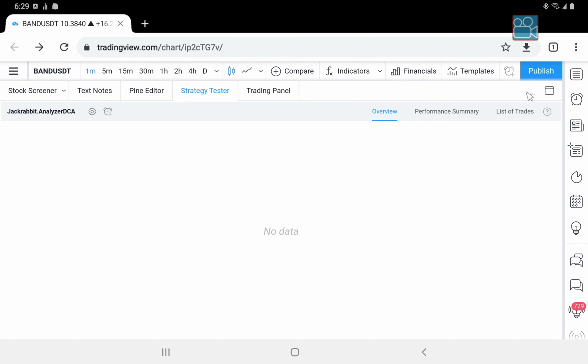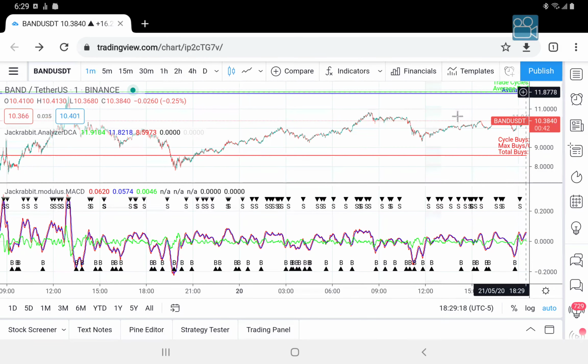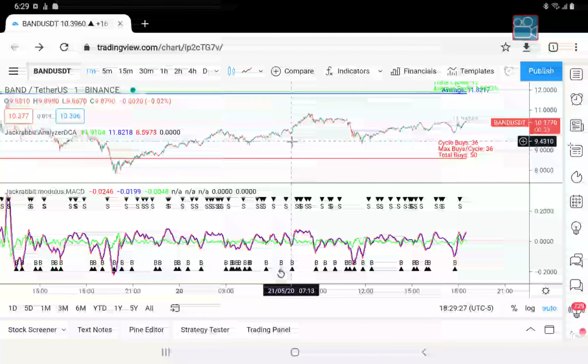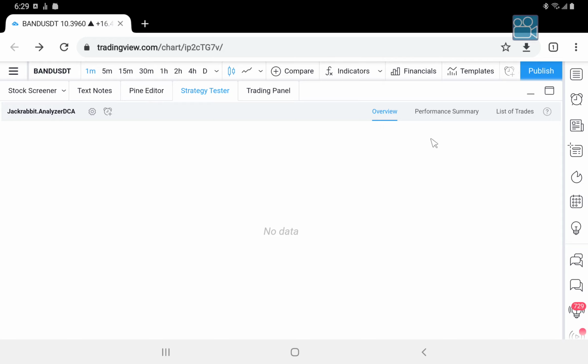Sometimes you end up with this kind of a situation with the analyzer. So you want to be aware that it does happen. You can mess up the analyzer when you pull little tricks like that. Let's move to the 5-minute.